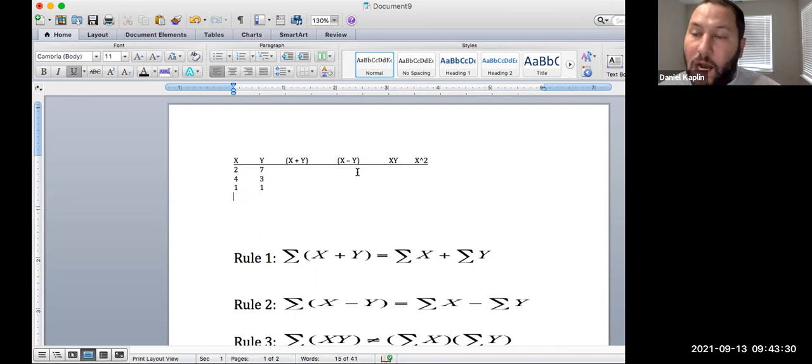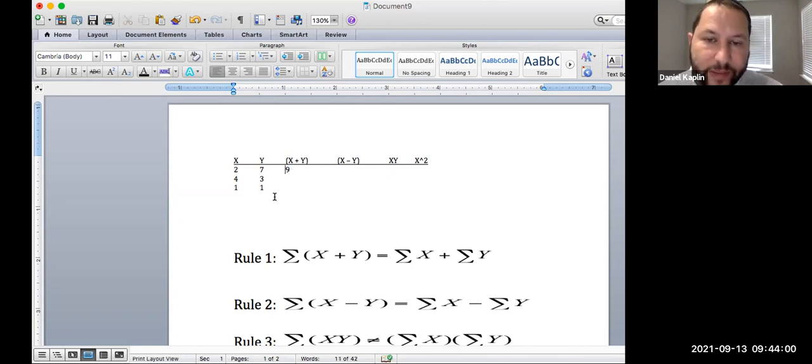All right, so here are all our columns, right? So the first thing you're going to want to do is populate your column. So X plus Y. So in this first one, I would be doing 2 plus 7, right? And that would equal 9. Now, I don't need the 2 plus 7 because I'm just showing you the process.